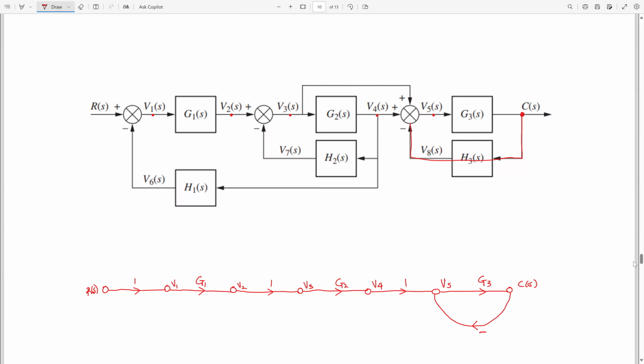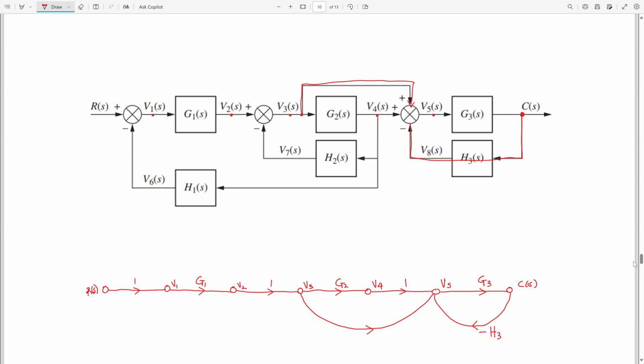It's minus H3. It's minus because of the minus here. Right? So the next one that I'm going to concentrate on is from V3 to the output of the summing junction here. To V3, then the output of that summing junction is V5. Play a true pass there.